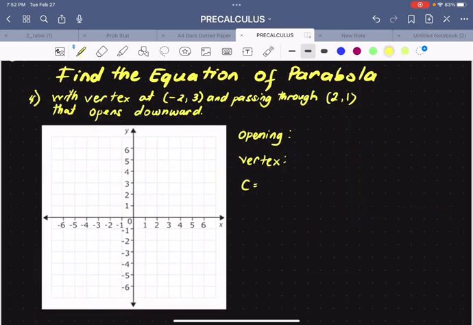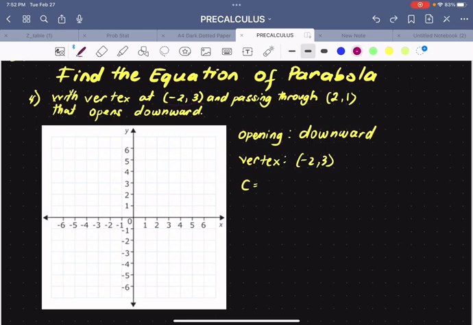Example number 4. With vertex negative 2, 3 and passing through 2, 1 that opens downward. Okay. So the opening is downward. And the vertex at negative 2, 3. So okay, let's plot this vertex negative 2, 3.